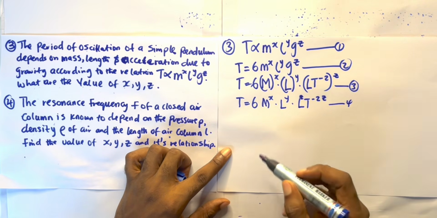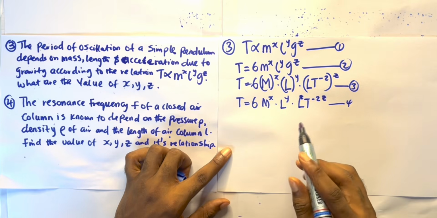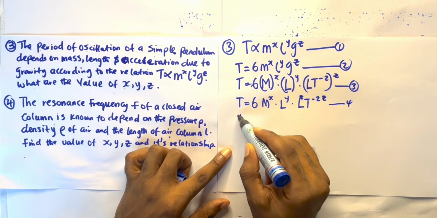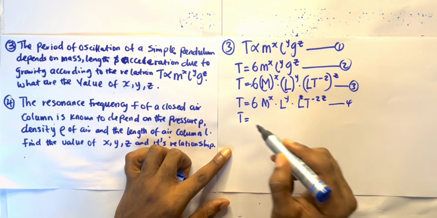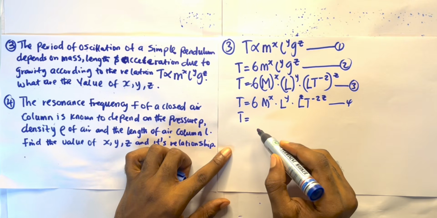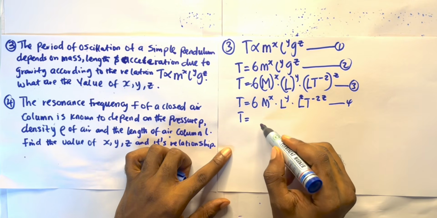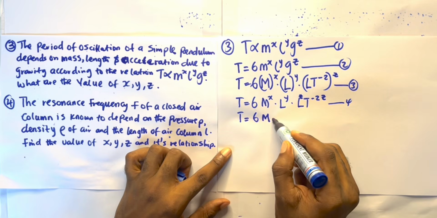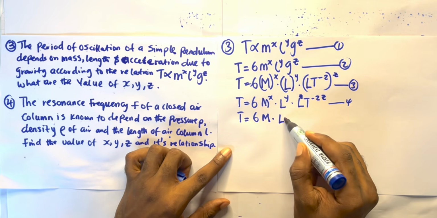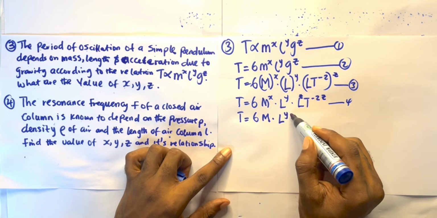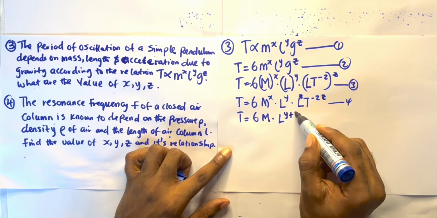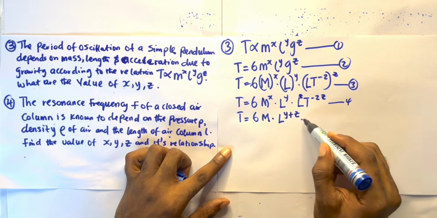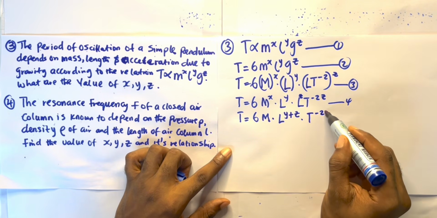So I'm going to neglect this k because it's dimensionless. I'll have T is equal to k, M^x dot L^(y+z) dot T^-2z.